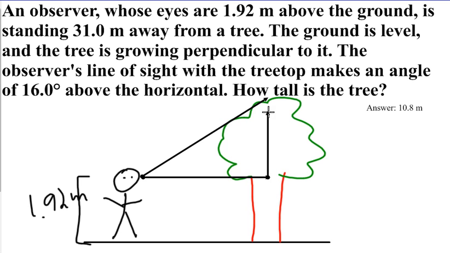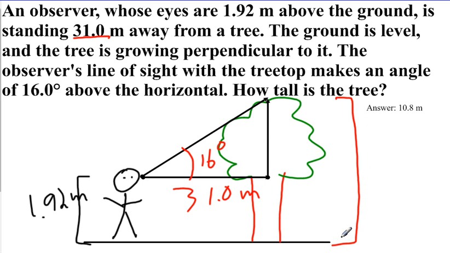Let me draw the vertical component as well. This makes an angle of 16 degrees here above the horizontal. So this is 16 degrees. Now, you are told that you are standing 31 meters away from a tree. In this case, this horizontal component is 31.0 meters. And so what you're asked to find is the total height of the tree, so from here to here.